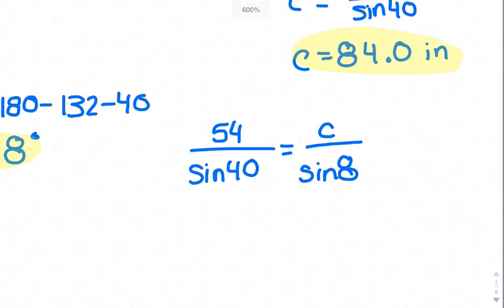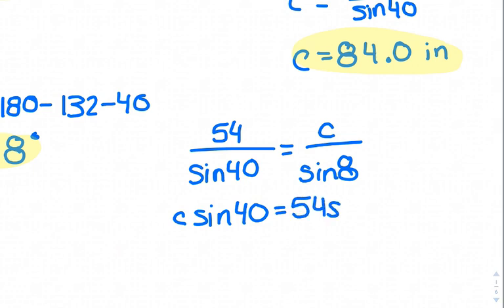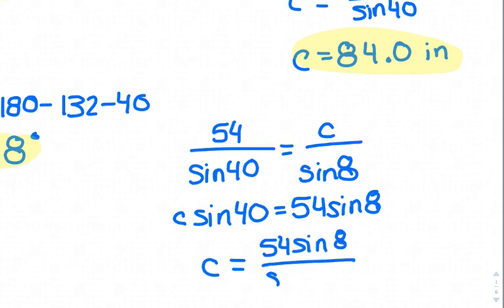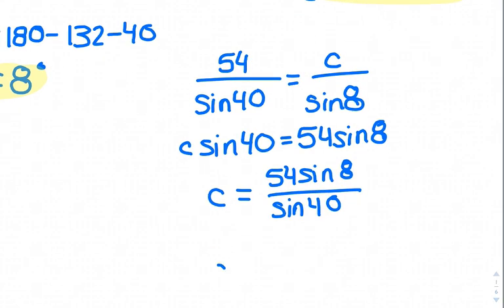So again, I'm going to cross multiply. And then to get C alone, I divide both sides by sine 40. And then I plug that into my calculator. And when I round it to the nearest tenth, I would get 11.7 inches.